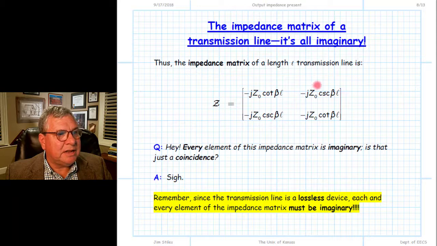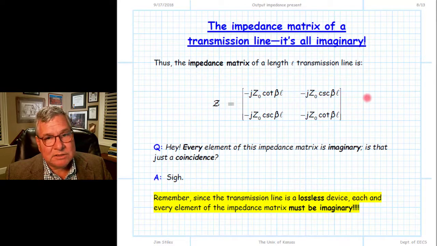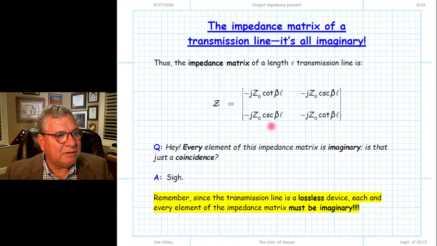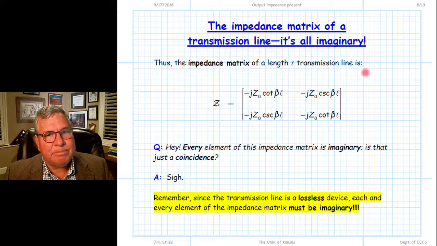Each of the results has units of impedance, because the units of Z0 are ohms. That's a sanity check that makes us feel better that we have the right answer. Finally, we see that all four parameters are purely imaginary. The real part of each is equal to 0.